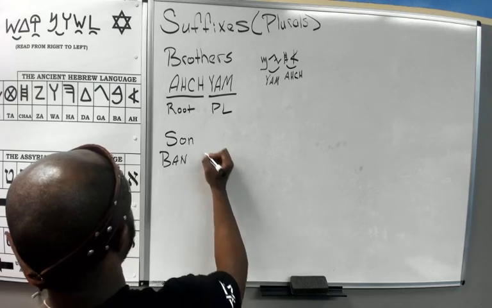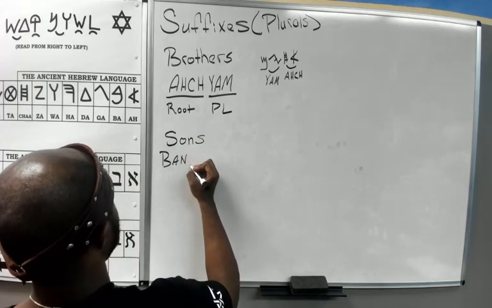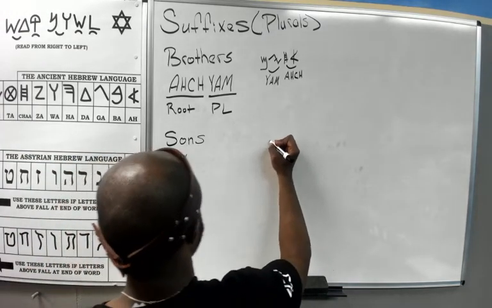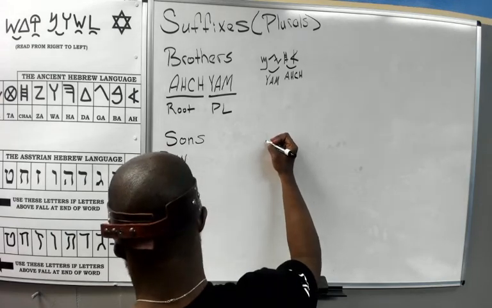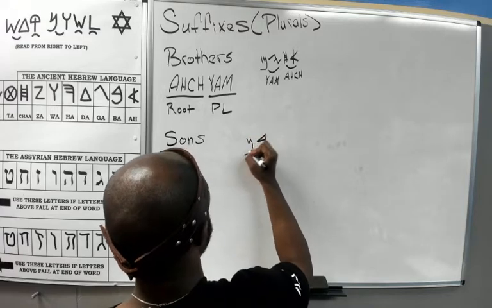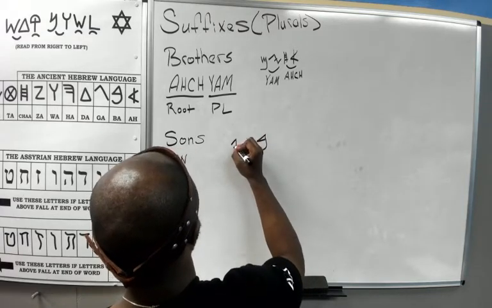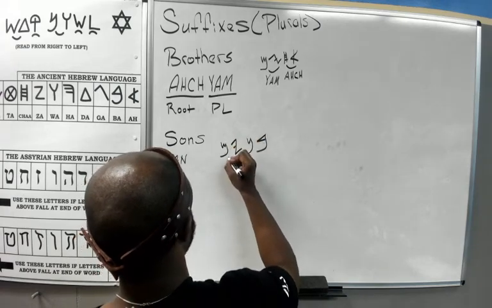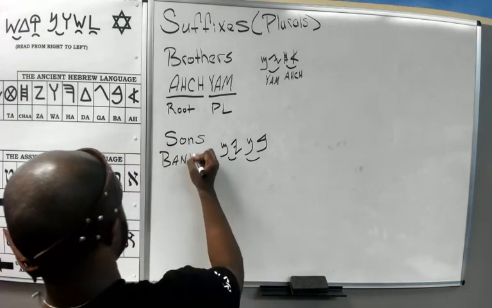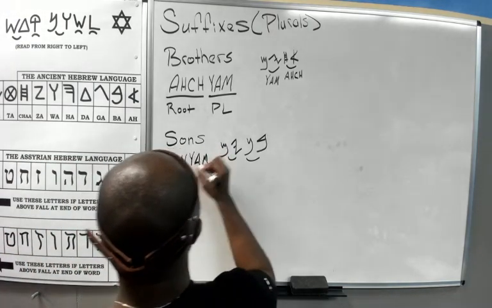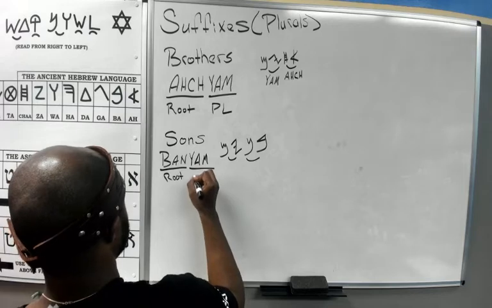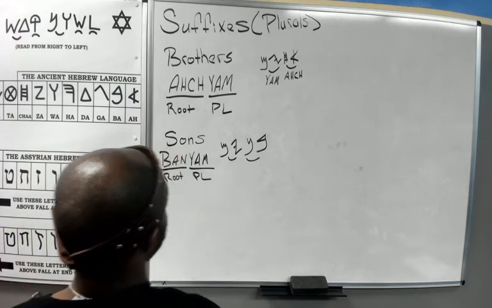But if you want to make it plural from son to sons, then of course it would be the same thing as for brothers, so it would be Bunyam. Bunyam would be sons.